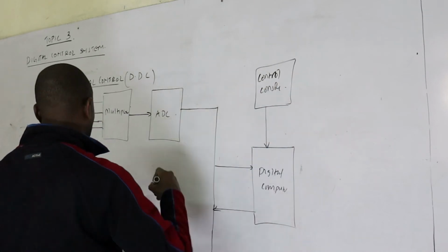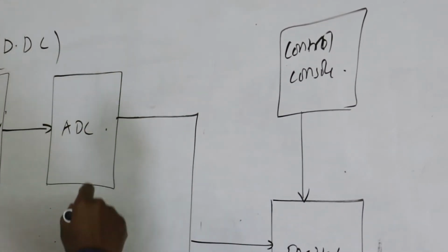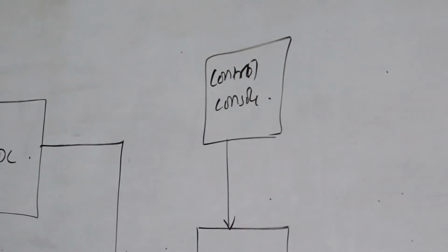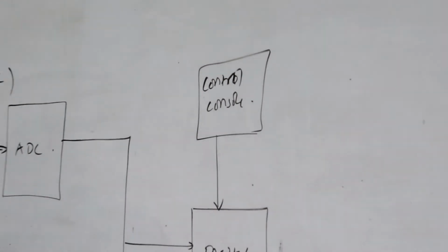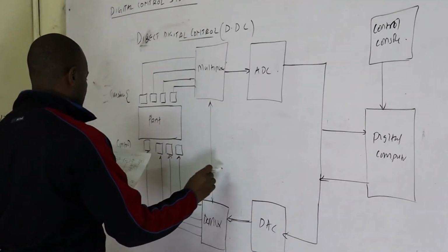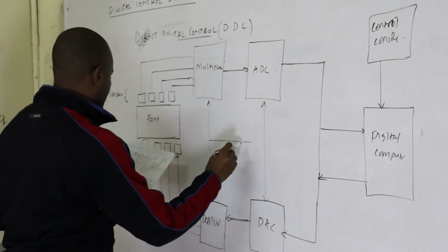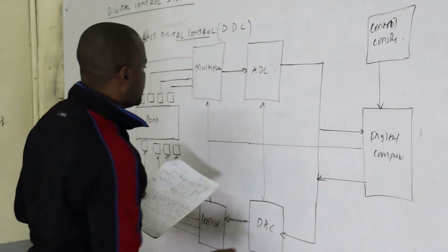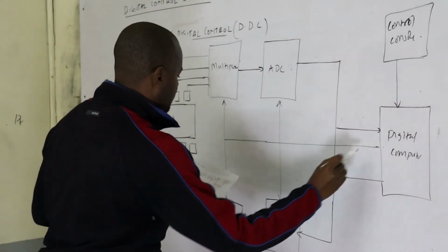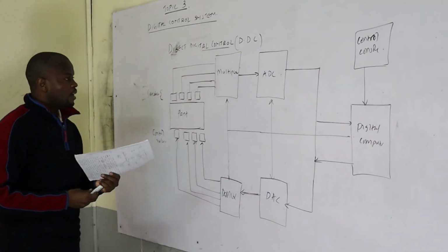So we have the control console there. Then this one is, of course, the data bus. Then we must have the address and the control bus. We've said that they must be connected in such a way that they are sampling. So we can have the address to the computer. So that is what we can talk about as a direct digital control.